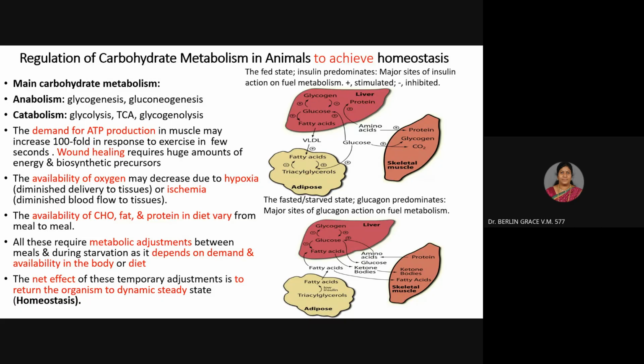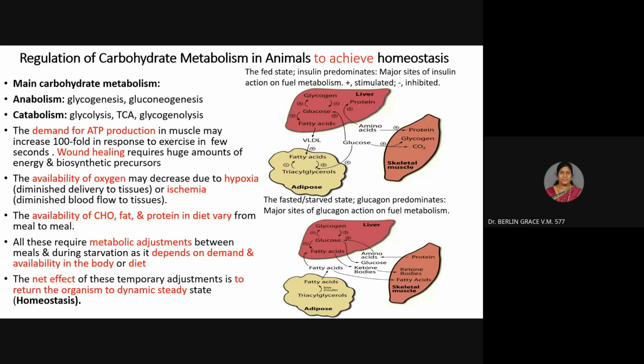And these two, catabolism and anabolism, are kept in balance in order to maintain the homeostasis of the cell, of the organ and organism as such. This is regulated basically by the metabolites and the availability of oxygen and so on. Demand for ATP production is the main criterion which regulates this anabolism as well as catabolism, where the flux should go, where synthesis should be promoted or catabolism should be promoted.